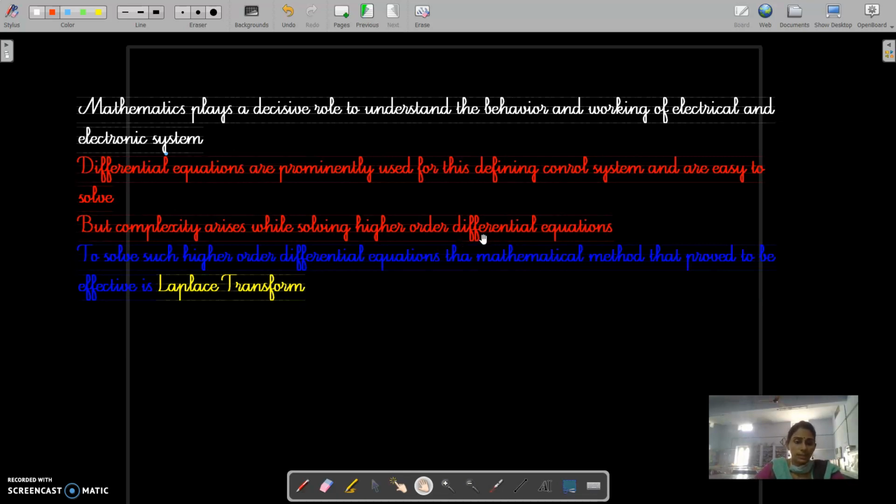To solve such higher order differential equations, the mathematical method that has proved to be effective is the Laplace transform. So, the Laplace transform is very useful in the field of electrical and electronic systems.